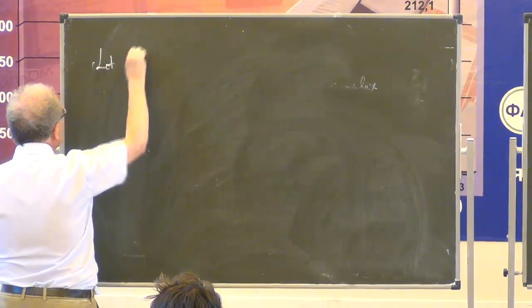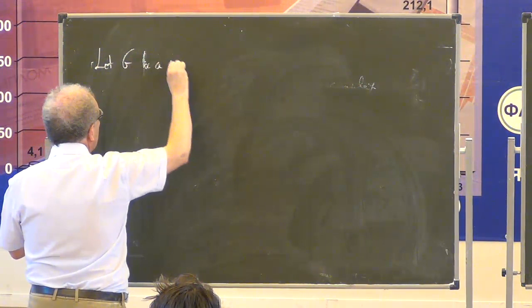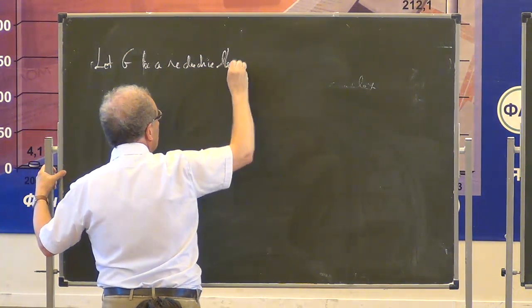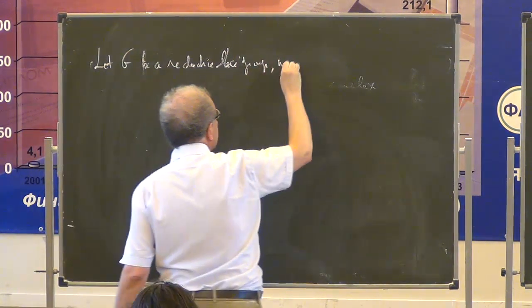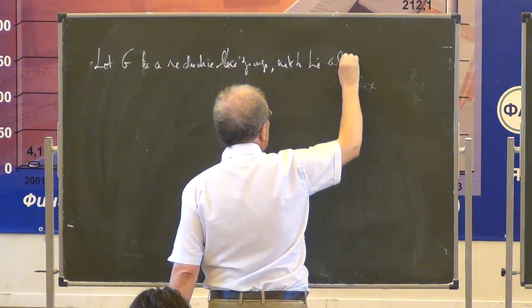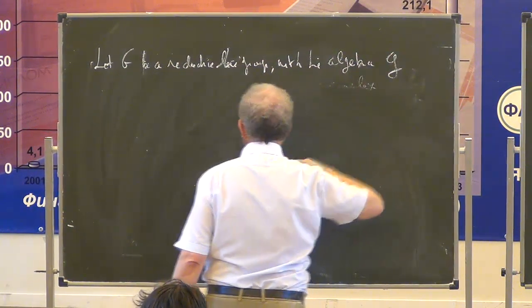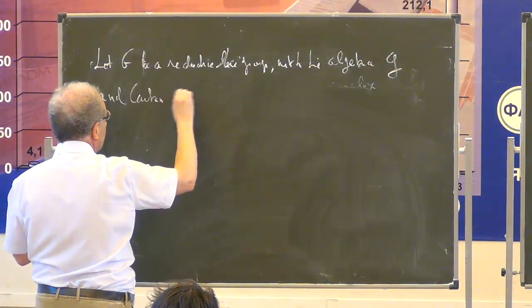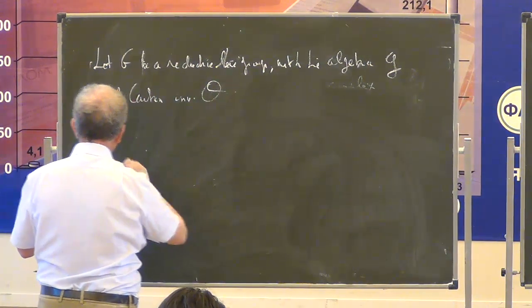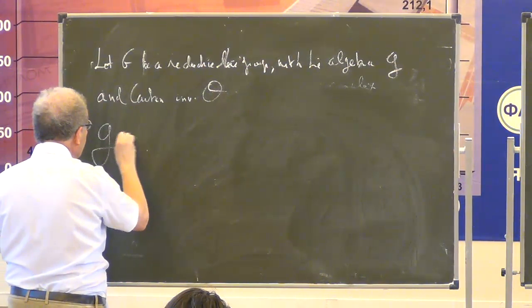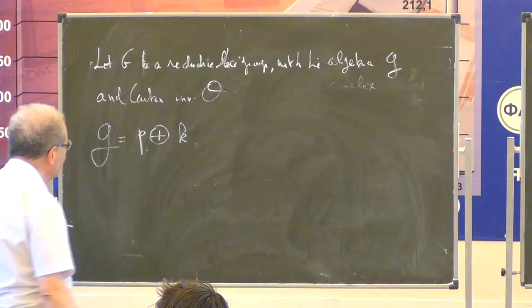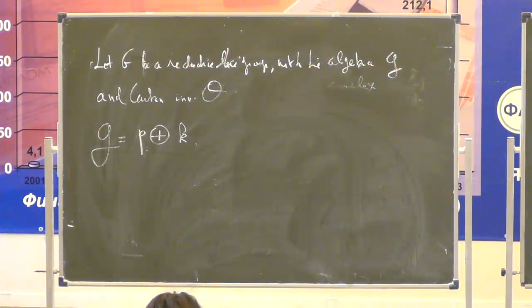So let G be a reductive Lie group with Lie algebra G and Cartan involution theta. Then the Lie algebra splits as P plus K. I'm sorry, I'm not going to write this in Fraktur. In German things, not so good, so I just use Latin letters.